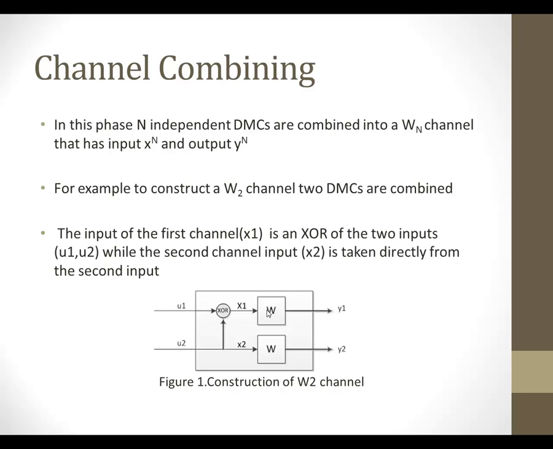This method can be generalized to a W_N channel, where it is subdivided into two W_N over 2 channels, and the input will be passed through a permutation operator, which is a shuffle matrix. So assuming the output of the XOR process is S, it will be fed to the permutation operator, which in turn produces an output V^N, and V^N will finally be used as an input for the two W_N over 2 channels.